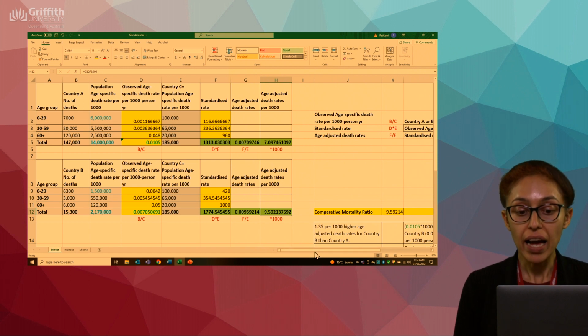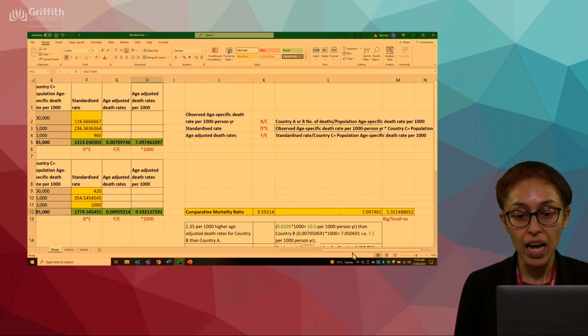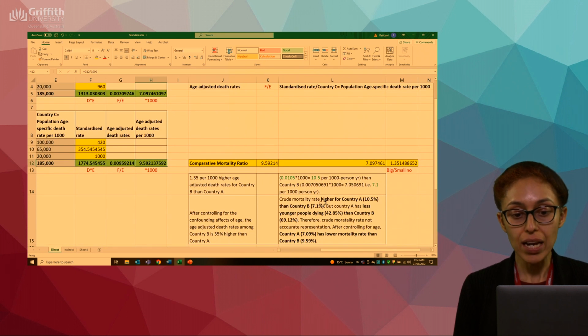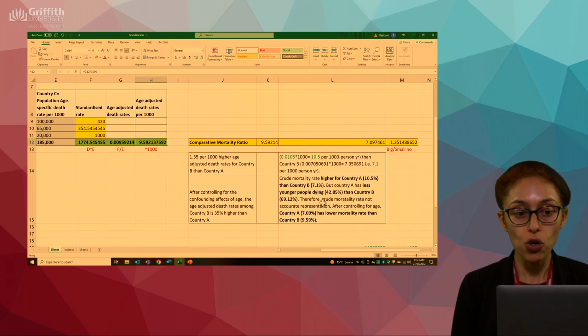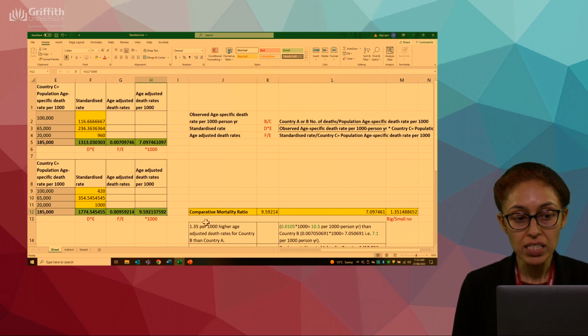And just for those who are interested, I have shown more of these calculations where I have broken it down for you over here. If you divide the age adjusted death rate for country A versus country B, you get a comparative mortality ratio.